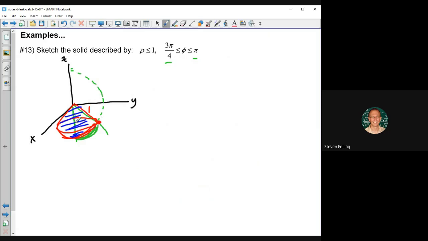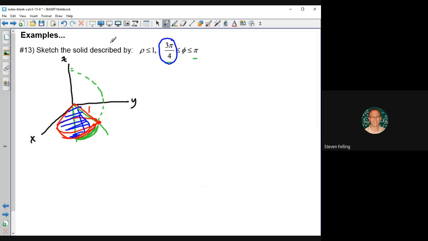That would be the solid that's described by this, kind of a lower portion of a snow cone, a snow cone opening downward with a curved top that has a radius of 1 everywhere here, right? It goes all the way around, but it starts at 45 degrees below the XY plane, where phi is 3 pi over 4.